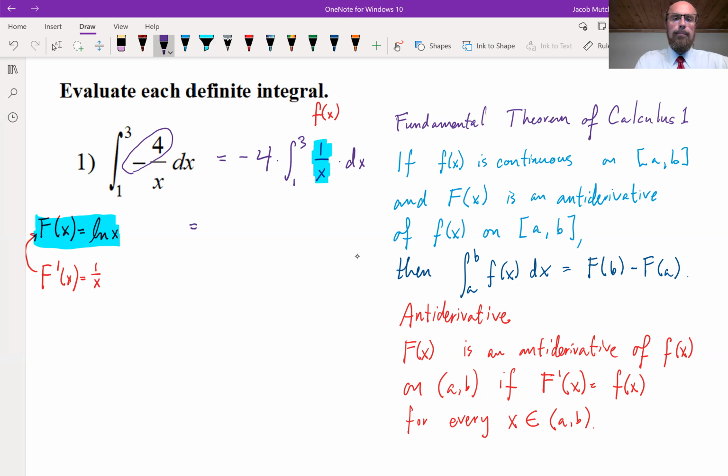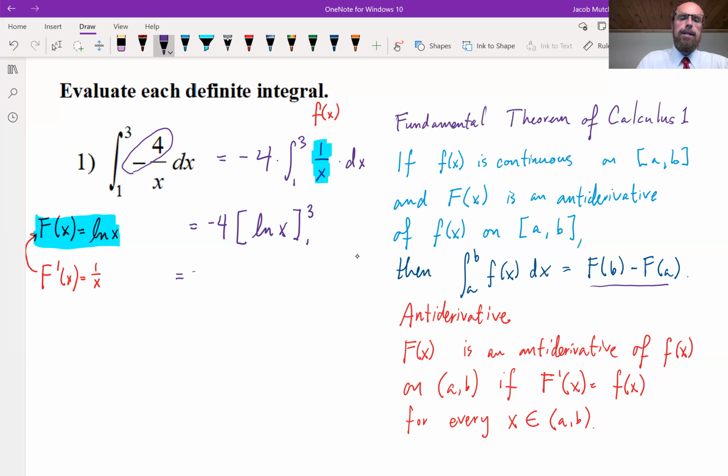So we'll just pick up right here, -4, and now I'm ready to evaluate once I've identified the antiderivative. I'll place it here within my brackets to evaluate from 1 to 3, and then setting up according to this second-hand side of the fundamental theorem of calculus.